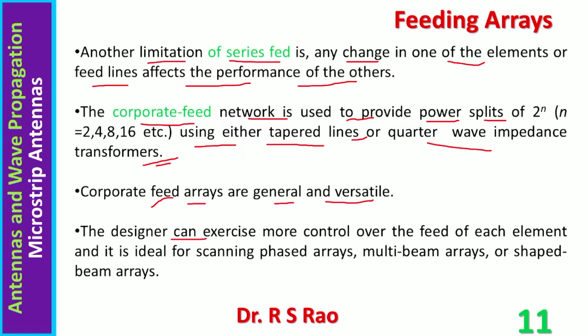The designer can exercise more control over the feed of each element, and it is ideal for scanning phased arrays, multi-beam arrays, or shaped beam arrays. Electronic scanning becomes easy when we go for a corporate feed network.